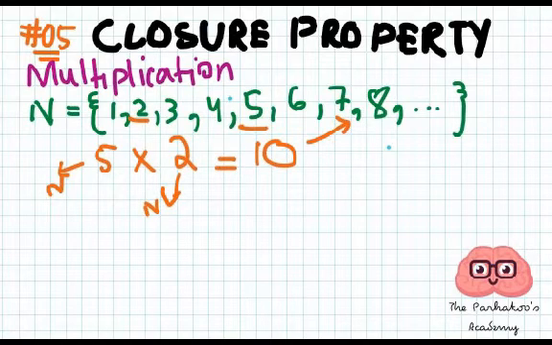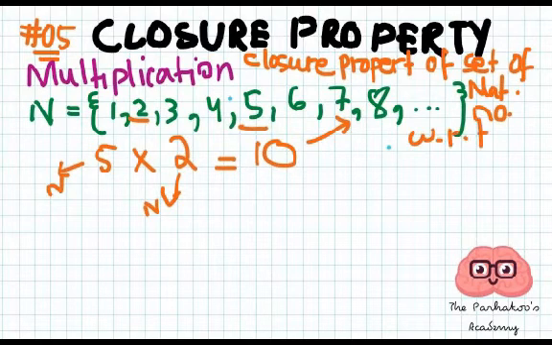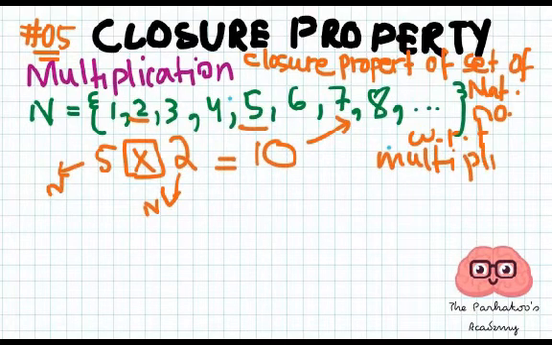So you can write it as the closure property of the set of natural numbers with respect to multiplication, since we have multiplication as our operator.